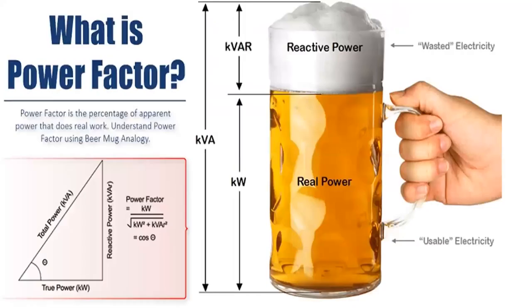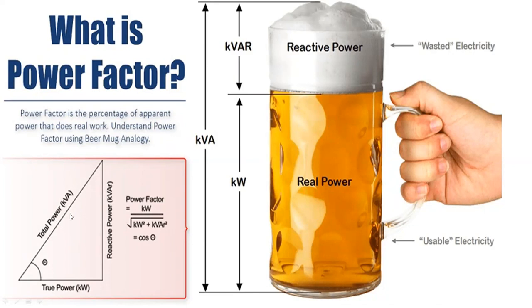This can be compared with a beer analogy. Power factor is the percentage of apparent power that does real work. Understand power factor using a beer mug analogy. This is the kVAR, reactive power, which is wasted electricity, and kilowatt is the real power. And the sum of both kVAR and kilowatt, we get as kVA.